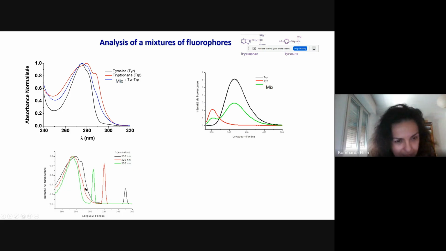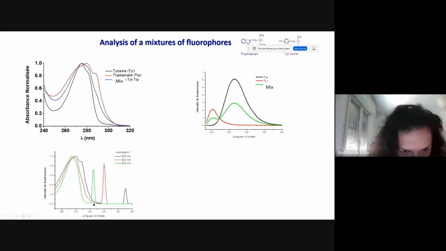It is practically the fluorescence that occurs before the wavelength of emission, as you see here, and this peak is the Rayleigh scattering.